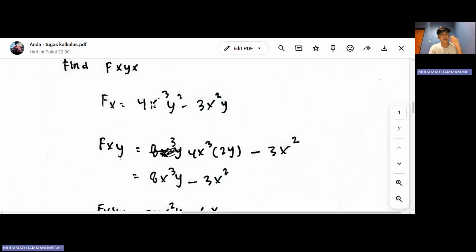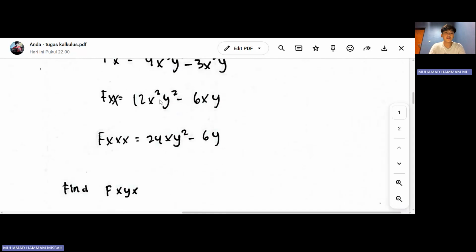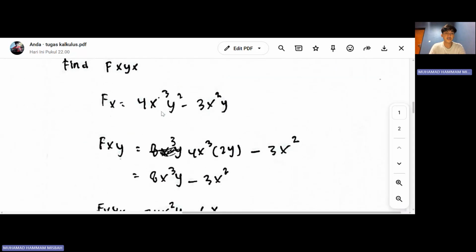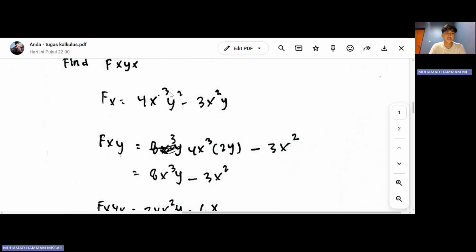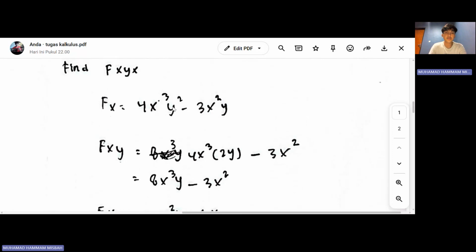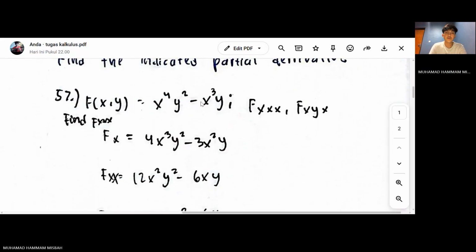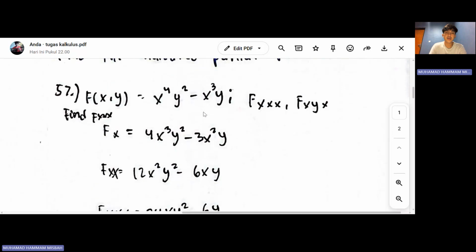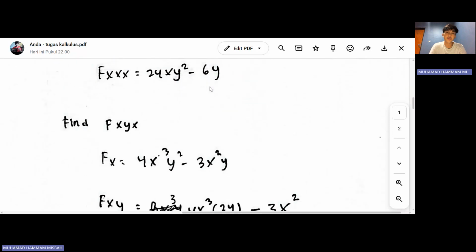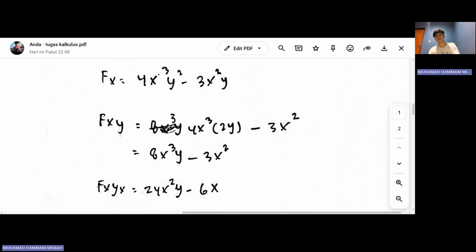So 4 and x to the power of 4 minus 1 becomes 4x to the power of 3 y squared minus 3x squared. Why is it 3x squared? Because 3 times 1 becomes 3, and x to the power of 3 minus 1 becomes x to the power of 2 times y.